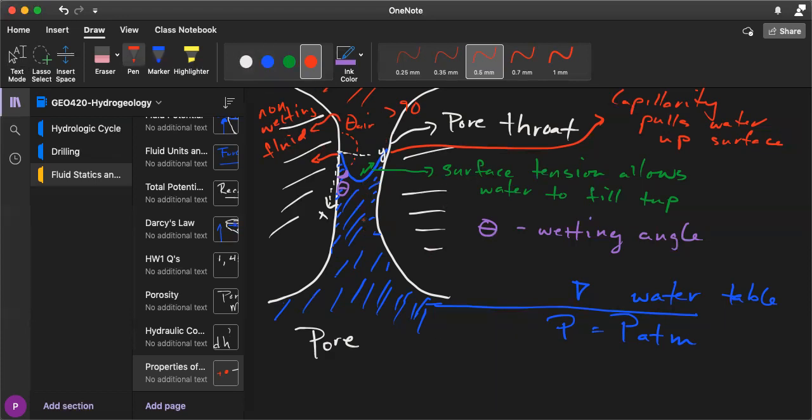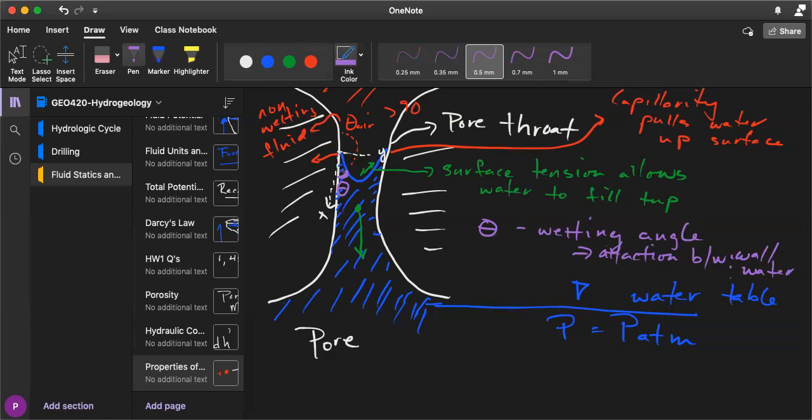So how far up this tube will water take itself? It'll do it until the surface tension and the wetting angle balance gravity. The wetting angle is the attraction between wall and water.